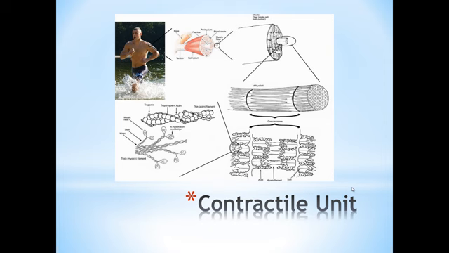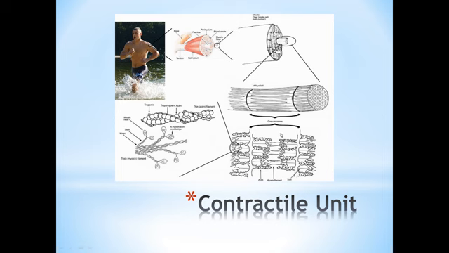Just keep that in mind, because if the muscle was lengthened, we may have fewer opportunities. The cross bridges may end up out here, where there's no actin for them to connect with, or in a very shortened position, they may be overlapping this direction.